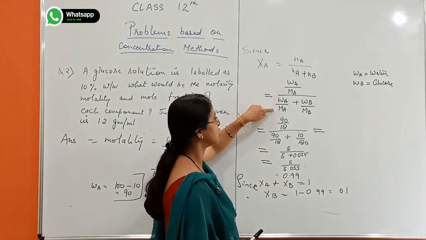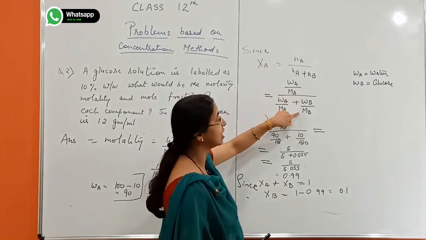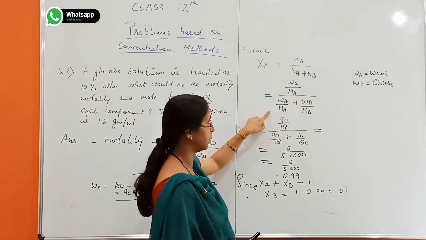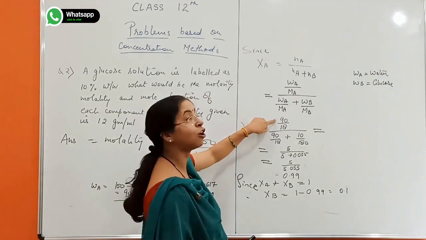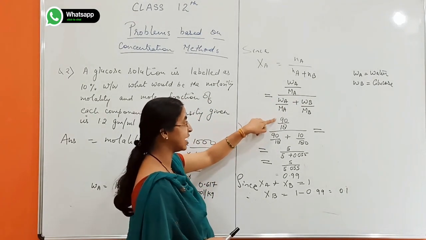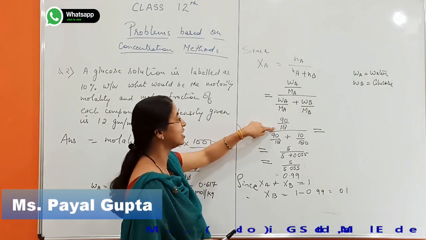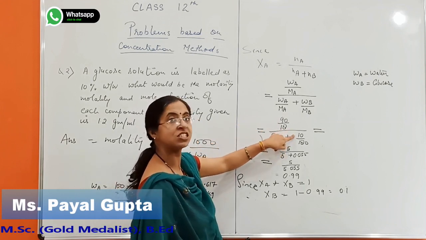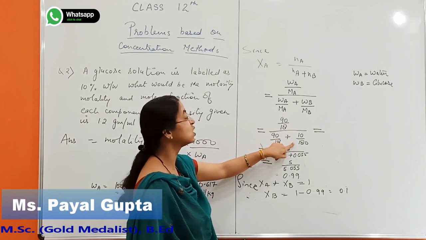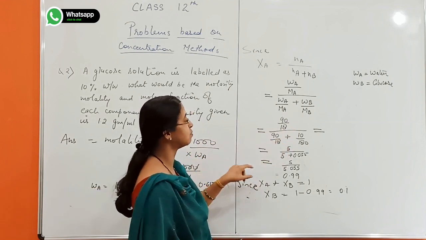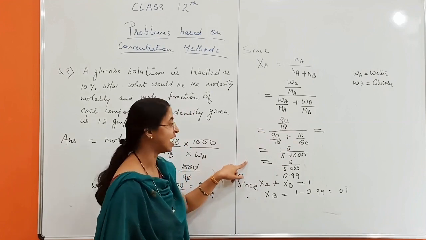It is for the solvent water and the solute glucose. The weight of water is 90 and the molar mass of water is 18. Same for the solute, glucose is 10 and its molar mass is 180. If we calculate this, it comes out to be 0.99.